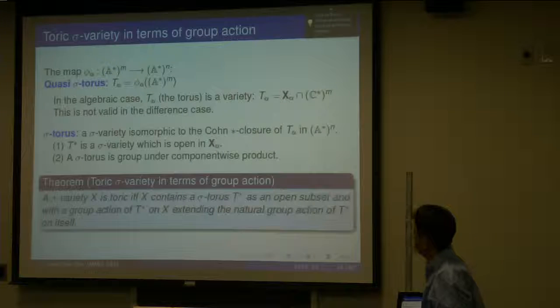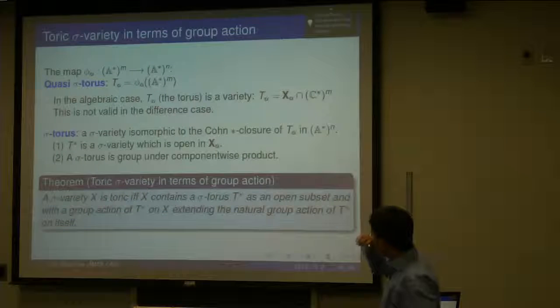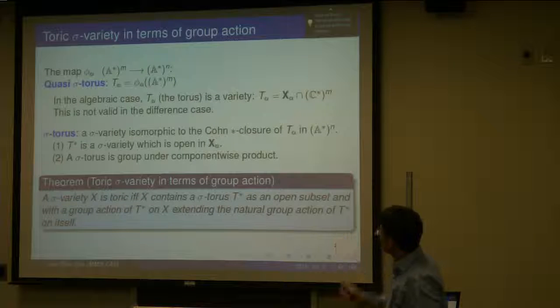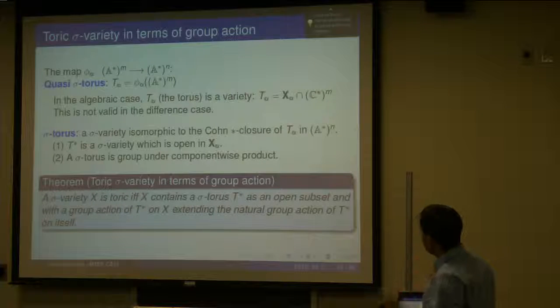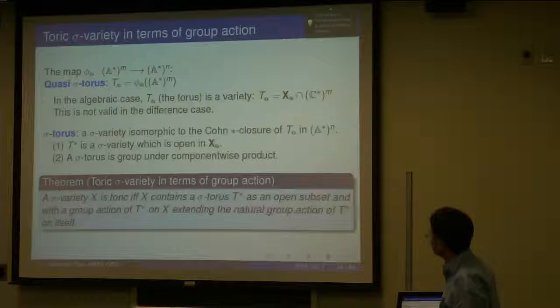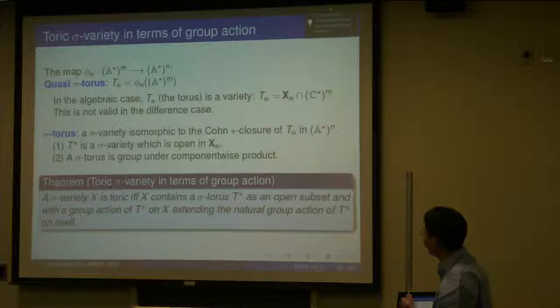It can also be considered as a group action. A toric variety is toric if and only if it contains the sigma torus as an open subset, with a group action on it. These are similar extensions of the algebraic results.